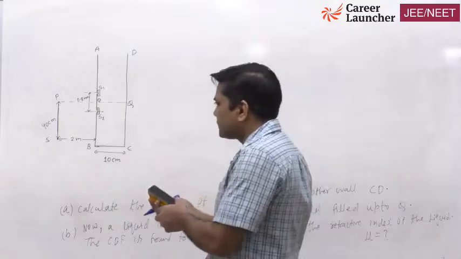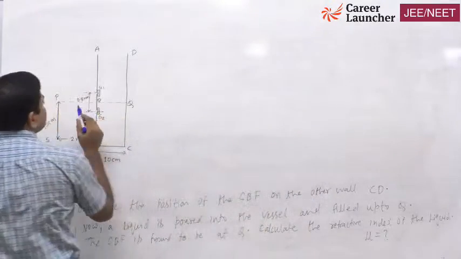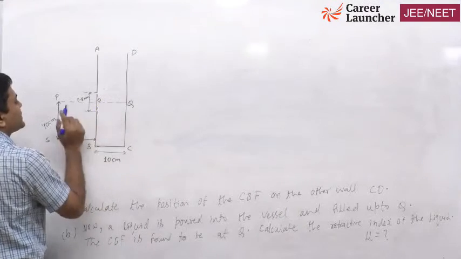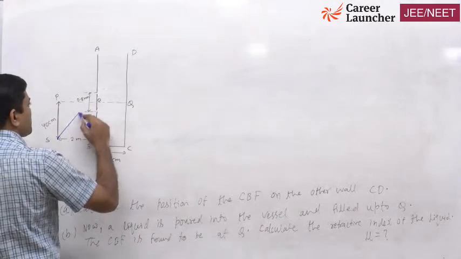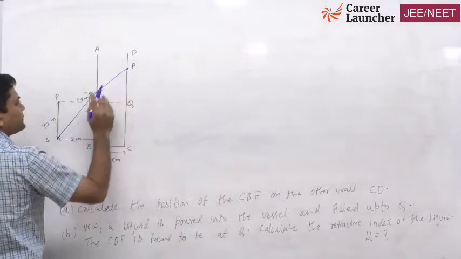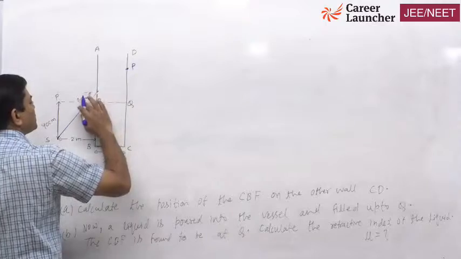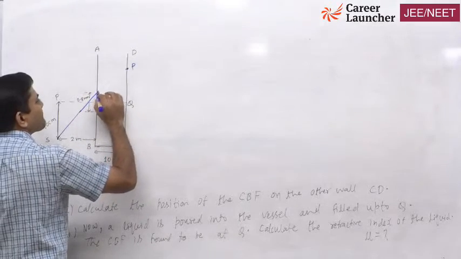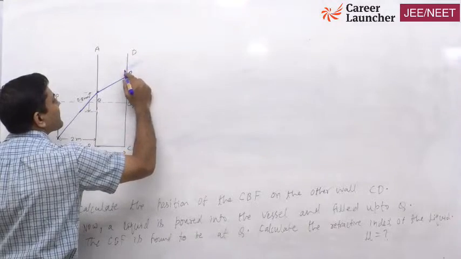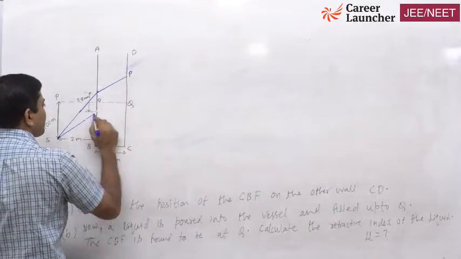So here the path difference will look like this. This is point P I am considering, and another is this.